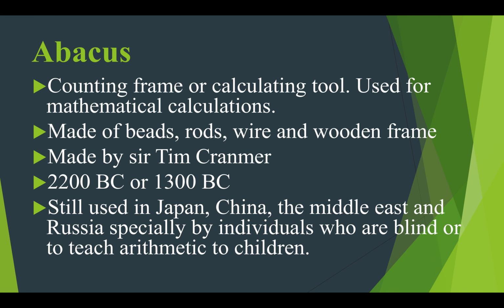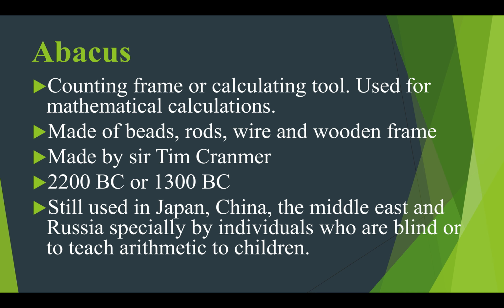Abacus. The next one is abacus. Counting frame or calculating tool used for mathematical calculations. It was made of beads, rods, wires and wooden frame. It was made by Sir Tim Cranmer. Someone says it was invented in 2200 BC, but some others say it was invented in 1300 BC.